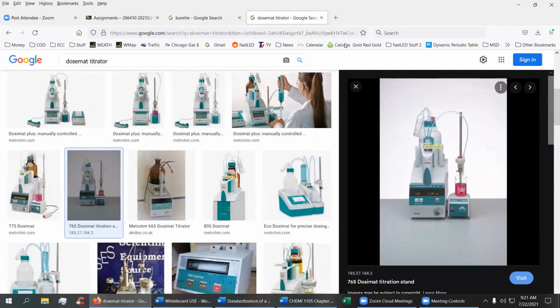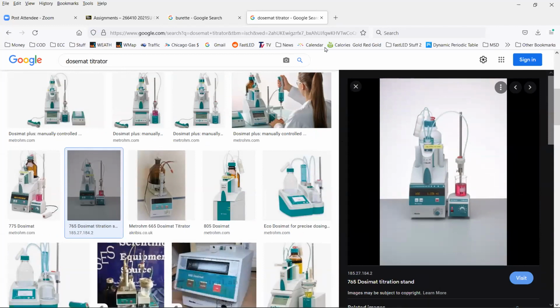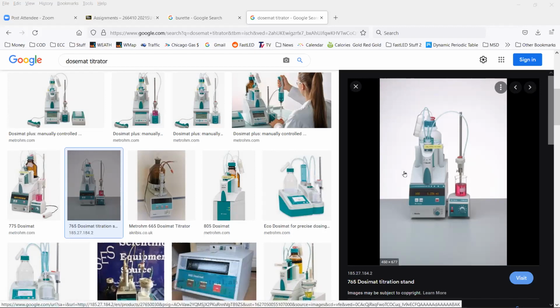Let me make sure everybody's seeing what I'm saying. All right, everybody see that complex machine on the right? It's got a green and a gray. Thank you. This is called a Dosimat, an electronic burette.